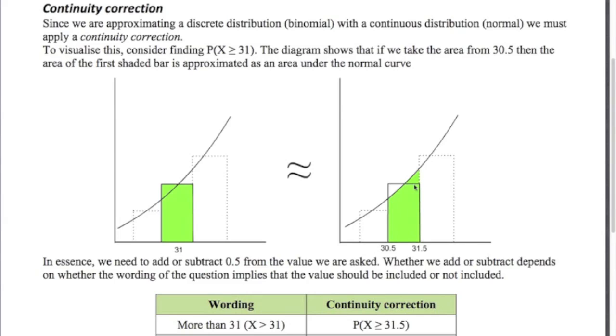That area under the curve matches, if you like, the area of each one of these bars as we move up. Basically, for doing a continuity correction, you just need to go up or down 0.5 from the value you're asked, depending on the wording of the question.